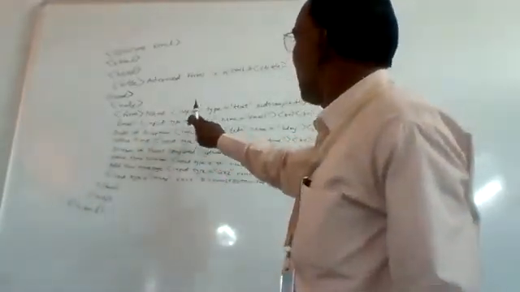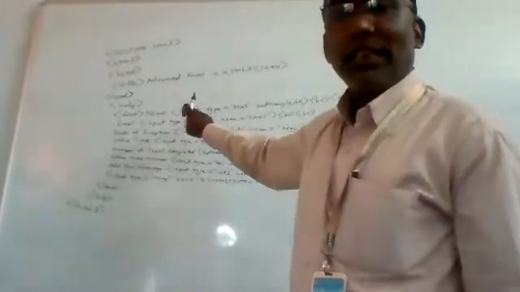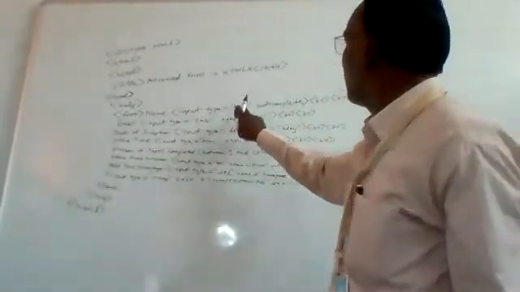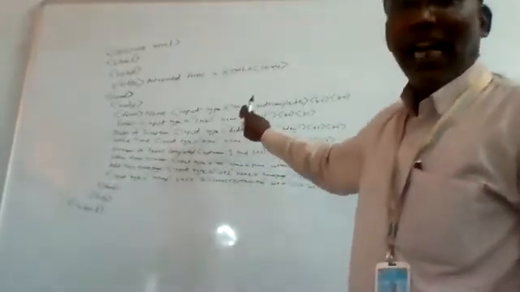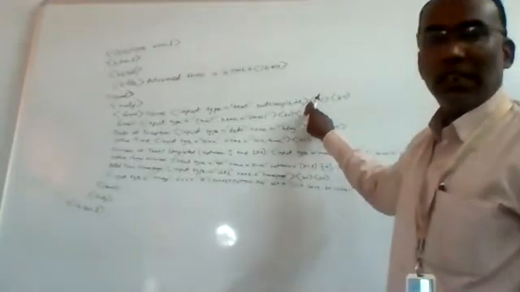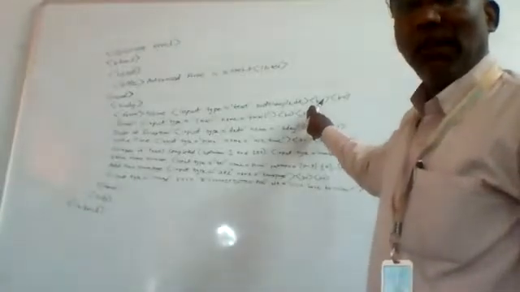Name, input type is equal to text, autocomplete. Here we are closing this input tag. Then here we are giving a break, the br tag.